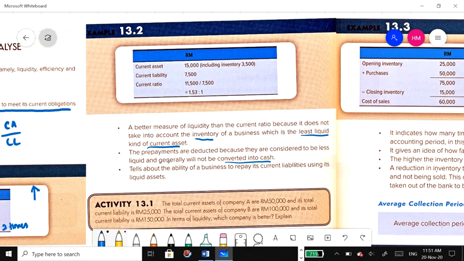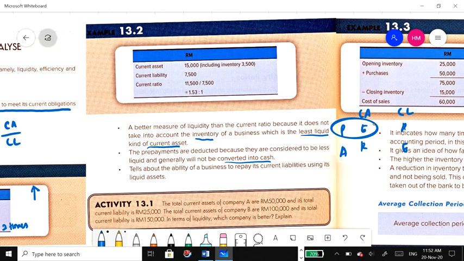So contoh dia, pay expenses. Okay, so prepayment ni you punya prepaid expenses lah.